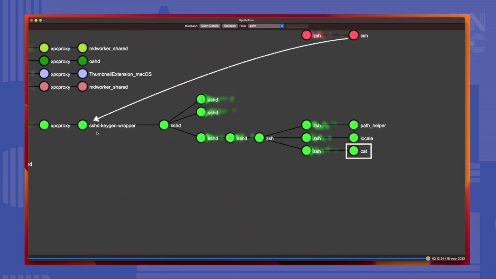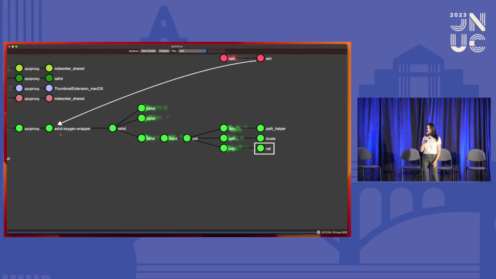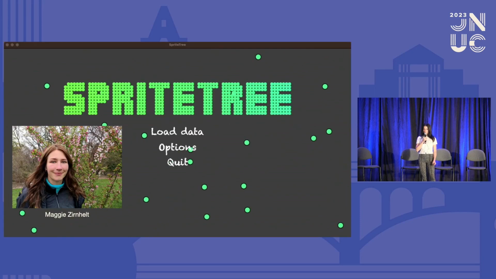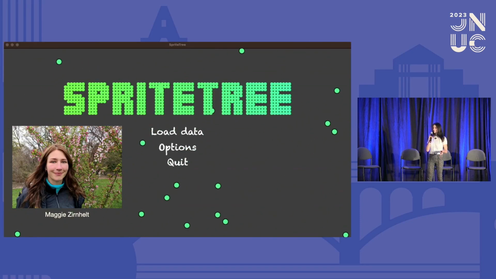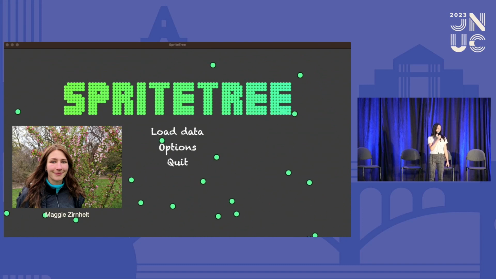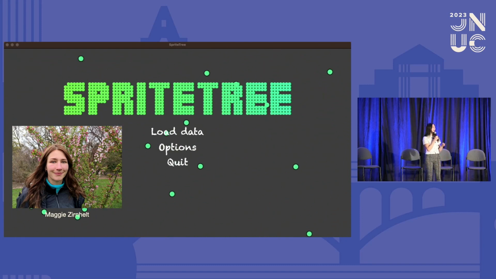So malware could easily gain full disk access by using this method of SSHing into the system that they were on. So that's a basic introduction of SpriteTree, and I'll pass it back to Jaren now to cover some real-world examples of malware being analyzed through SpriteTree.